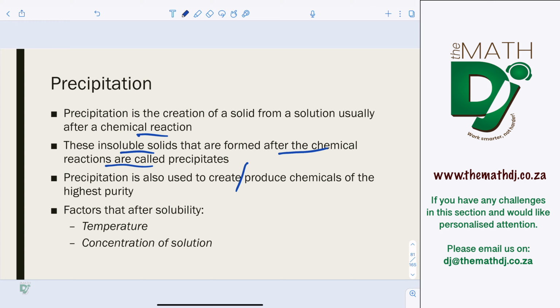Factors that affect solubility, as we have discussed, are temperature and concentration of solution. So precipitation is the process of the reaction, then the precipitates are the ones which are deposited at the bottom of the reactor or the container.